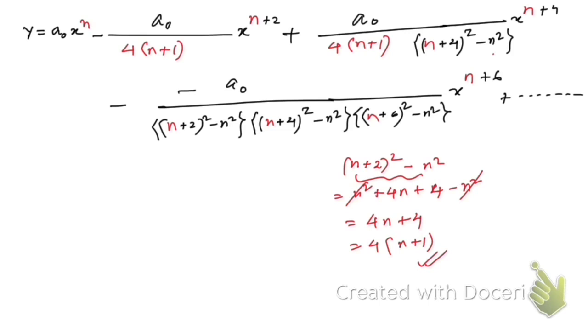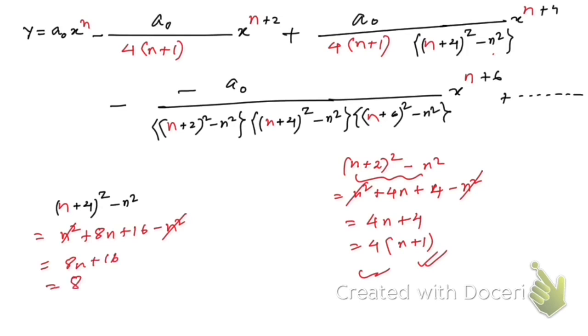Now if you simplify this part, what will you get? You don't need to write these things. Here we're going to have n square plus 8n plus 16 minus n square. Again n square is gone. We have got 8n plus 16, that's going to be equal to 8 into n plus 2.